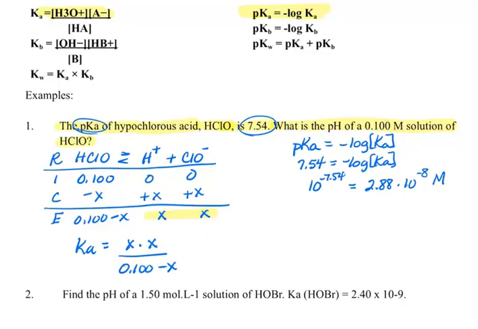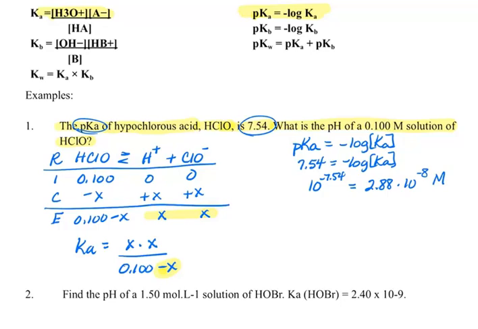Now, let's go back to where we were at. I just said remember we used the 10 to the negative 5. If it is less than that, we can eliminate and use our 5% rule. Well, it's 10 to the negative 8. And so we can, in fact, just ignore that minus x.